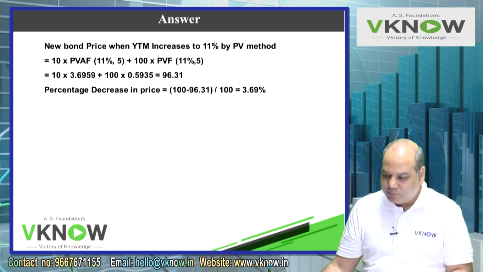So what I'll do, I'll simply take 11% discount rate now. So write down 10 into PV annuity factor into (11%, 5) plus 100 into PV factor into (11%, 5).